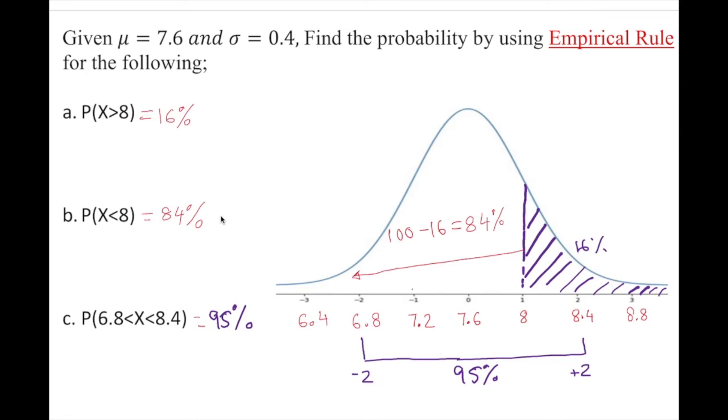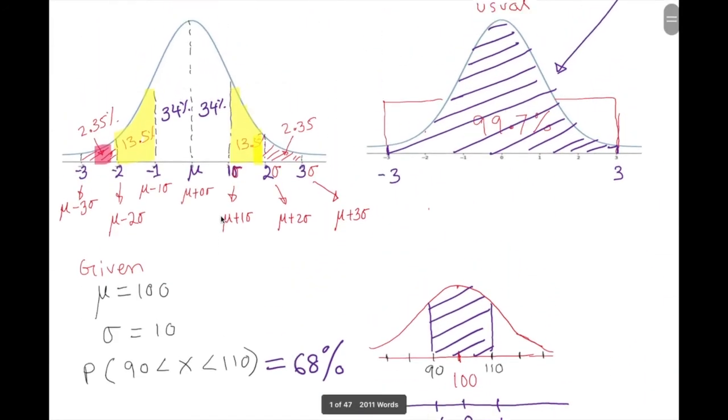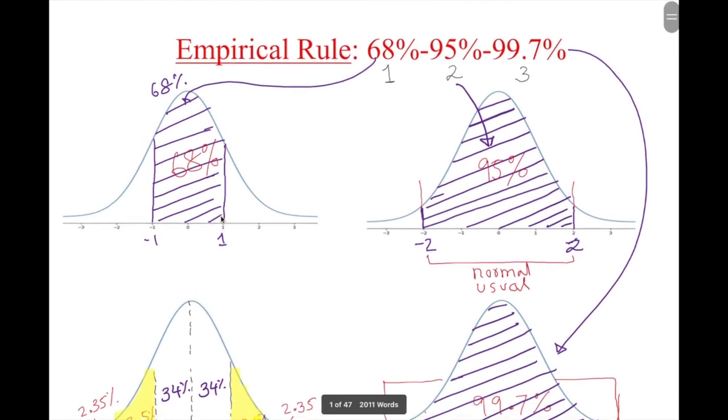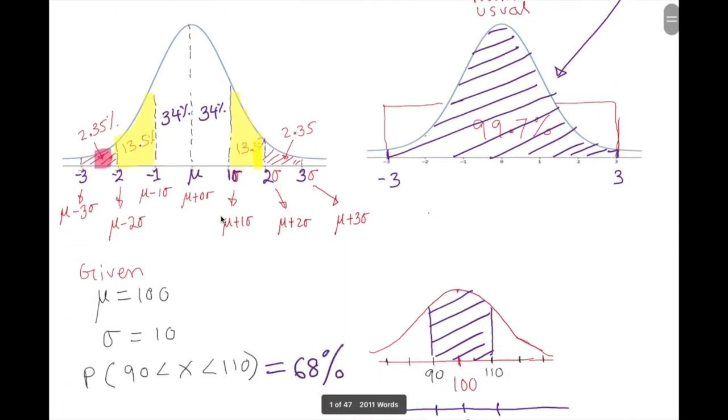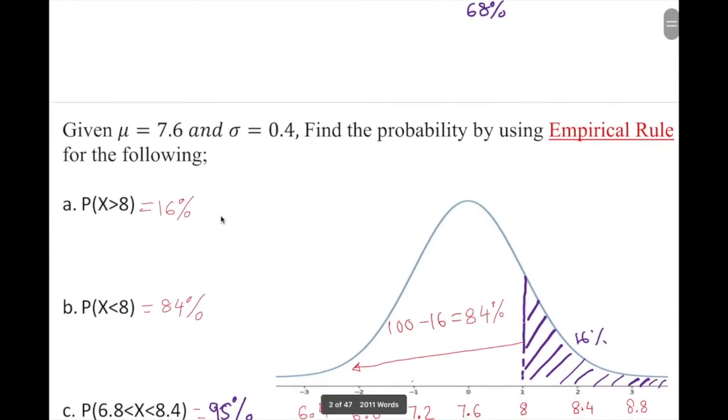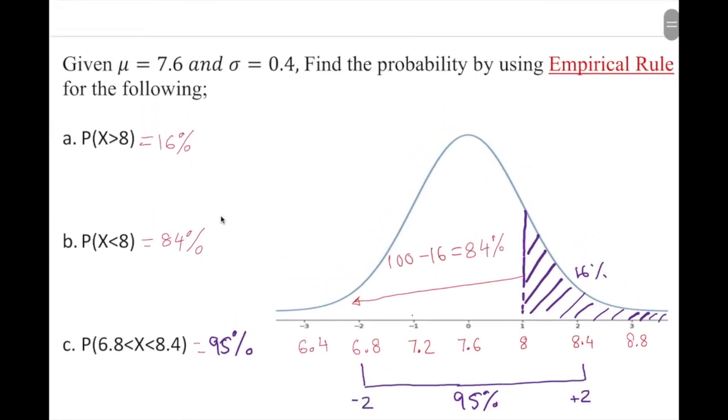Even if you convert it to a z-score and go to the z-table, your answer is going to be approximately the same. I hope we understand how to use the empirical rule and how it looks, and that's a step-by-step breakdown. You can go back, pause the video and check your answer again. Thank you.